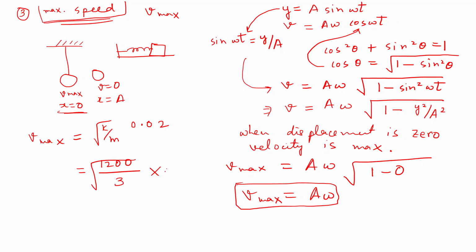And this was the displacement. So we'll get 20, because this will be 400 and the root of that will be 20, and then this 0.02. When we multiply, we will get 4 meters per second, right?